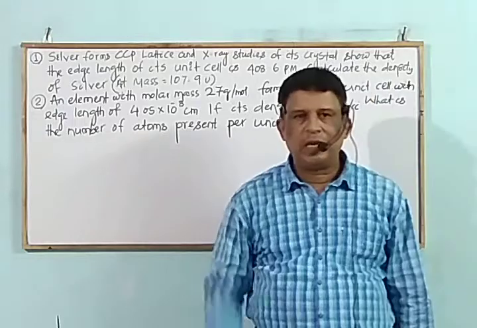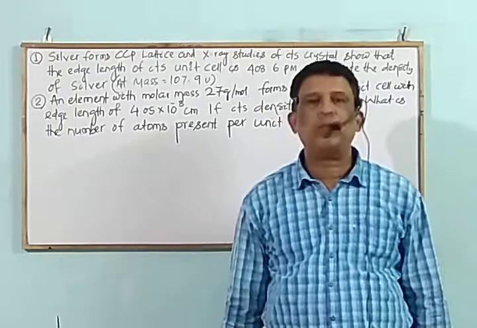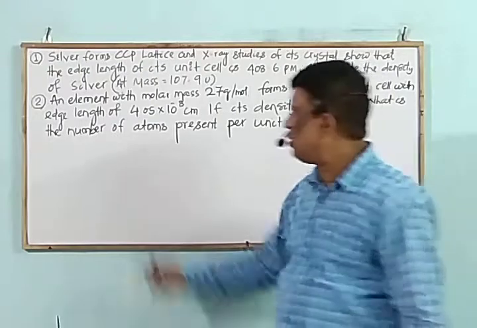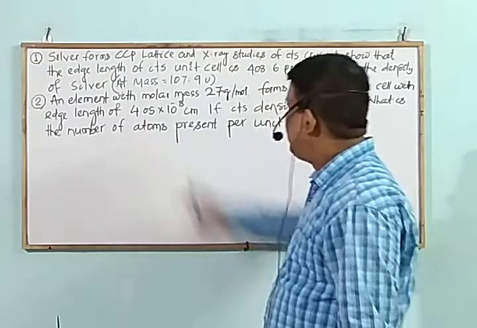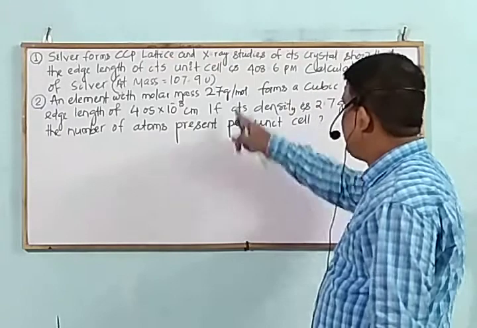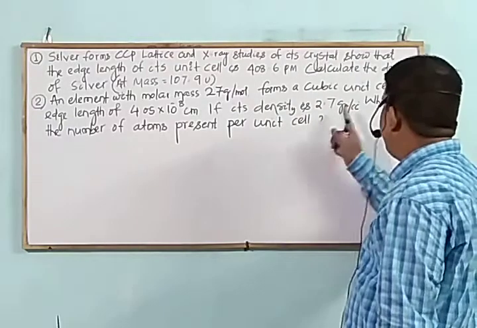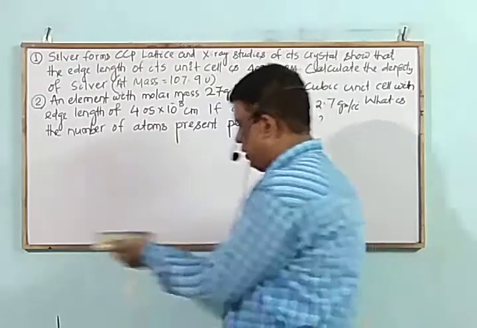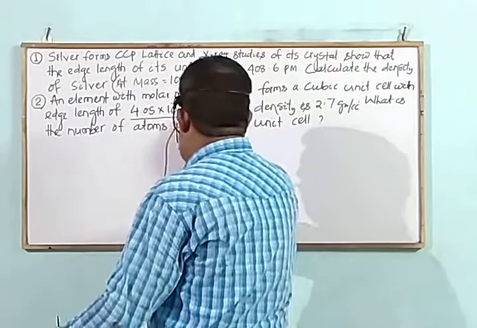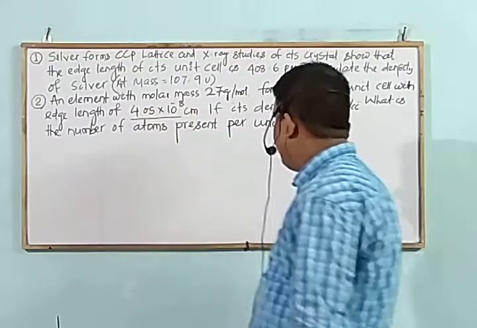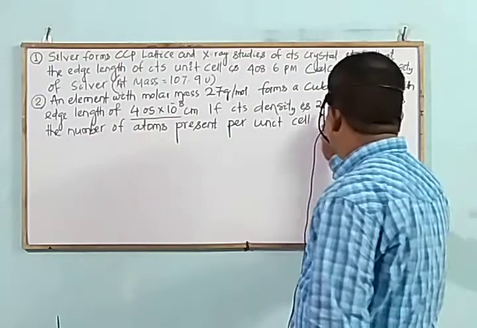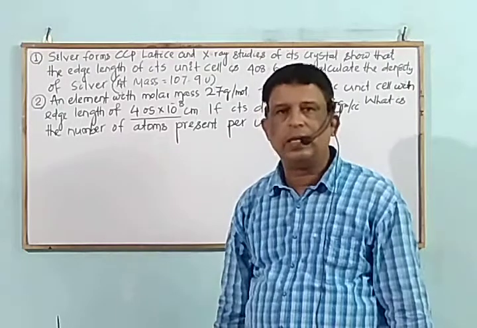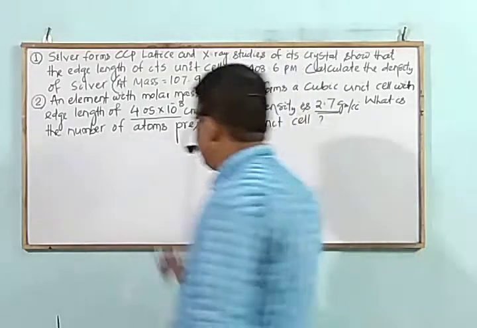An element with molar mass 27 gram per mole forms a cubic unit cell with edge length 4.5 into 10 to the power minus 8 centimeter. If its density is given, then calculate the number of atoms present in the unit cell. Mark that. Answer.